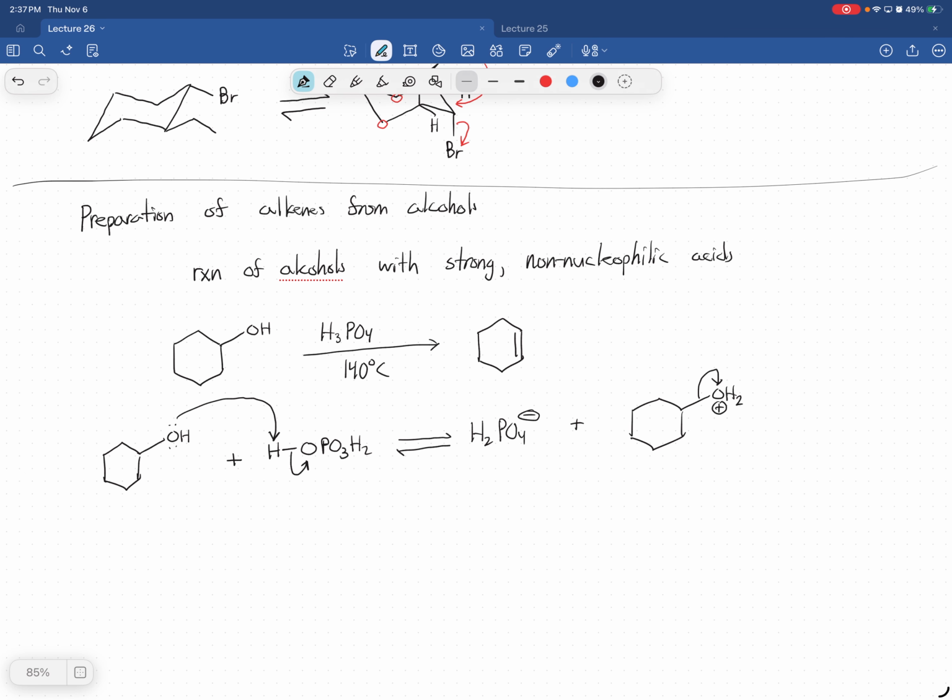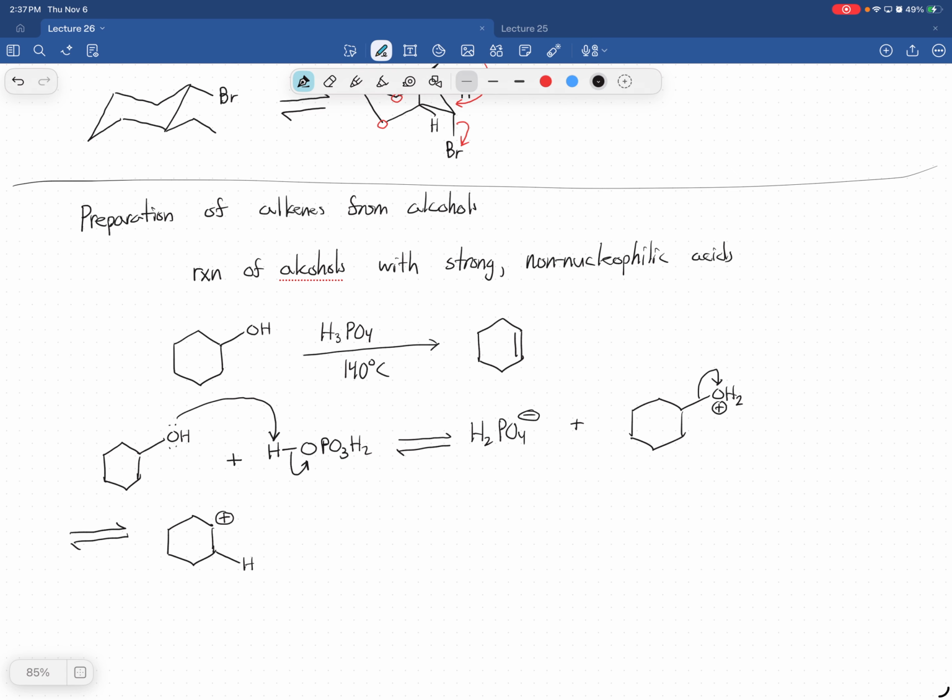Since this is a secondary or tertiary alcohol, always assume carbocation formation first. So we now go to a carbocation. And then how does the carbocation get quenched or consumed? Oh, close.